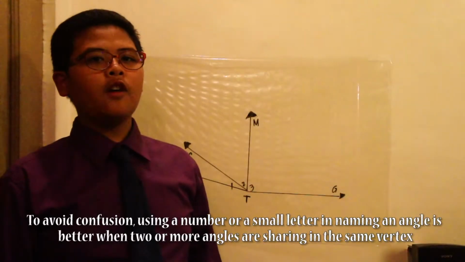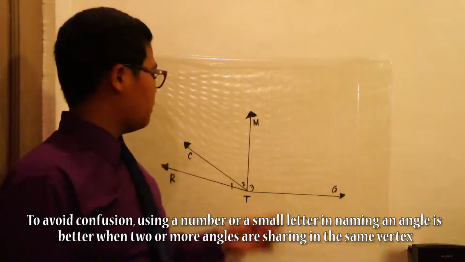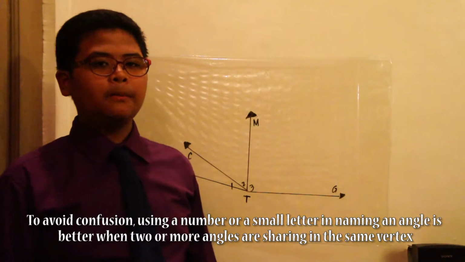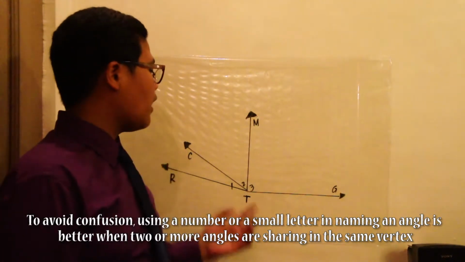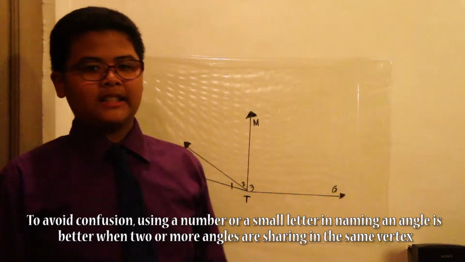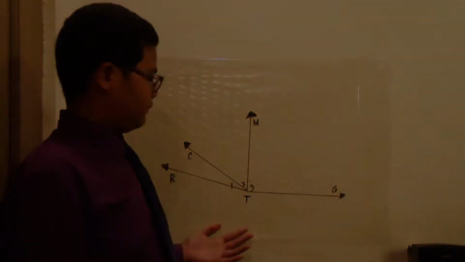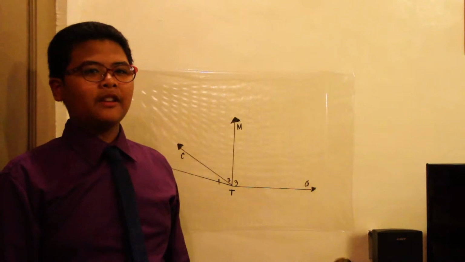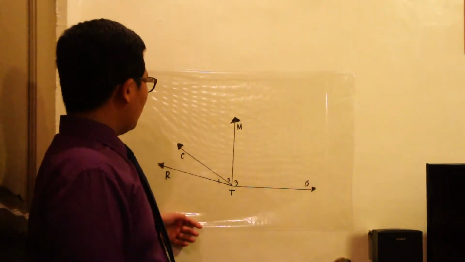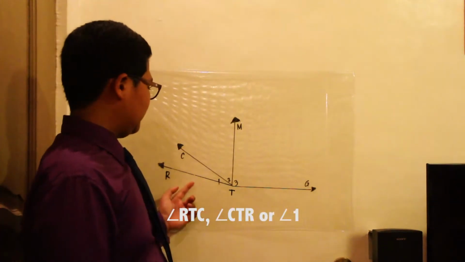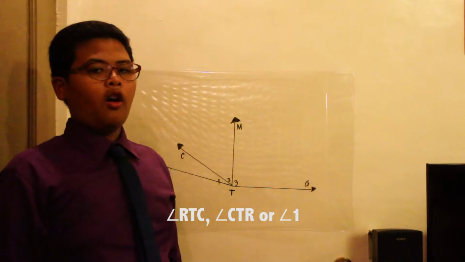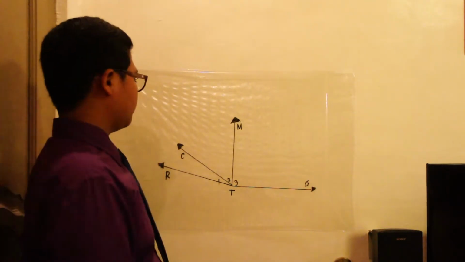To avoid confusion, using a number or small letter in naming an angle is better when two or more angles share the same vertex. The different names for the angles with vertex T are angle RTC, angle CTR, or angle 1.